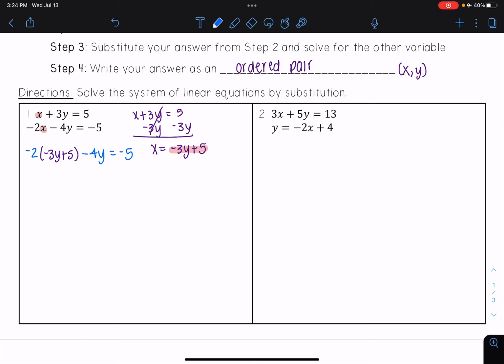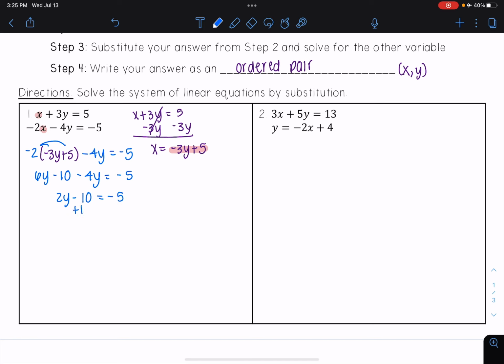And now I'm going to solve this for y. So I'm going to distribute my -2, and I get 6y minus 10 minus 4y equals -5. 6y minus 4y, I get 2y minus 10 is equal to -5.